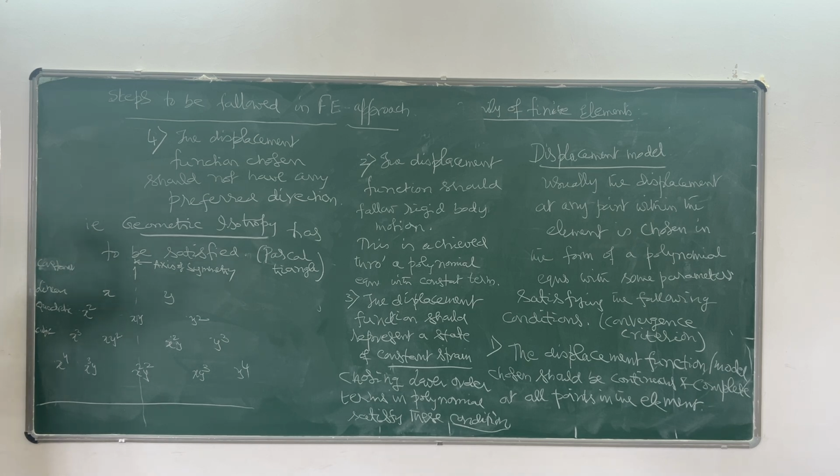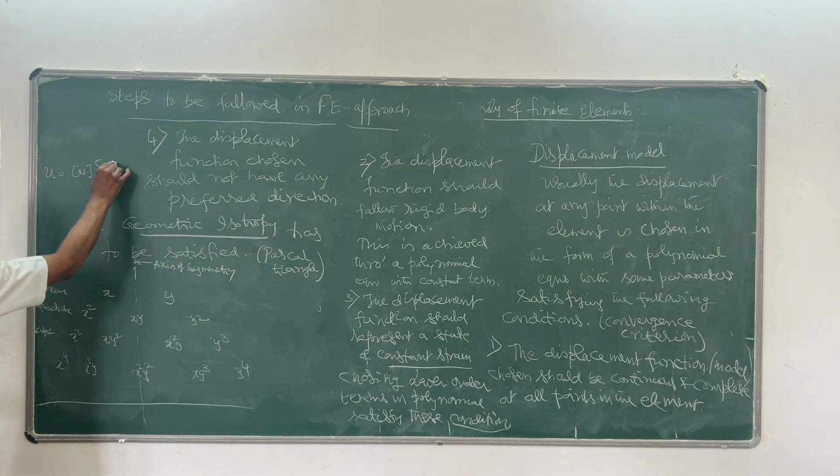You have to choose a suitable model or equation for representing the unknown field variable at each node. Depending upon the number of displacements, you have to choose the model. Then substitute the unknown displacements at x is equal to 0, one point, another point. So you represent the displacement at any point as some function multiplied by the nodal displacements.